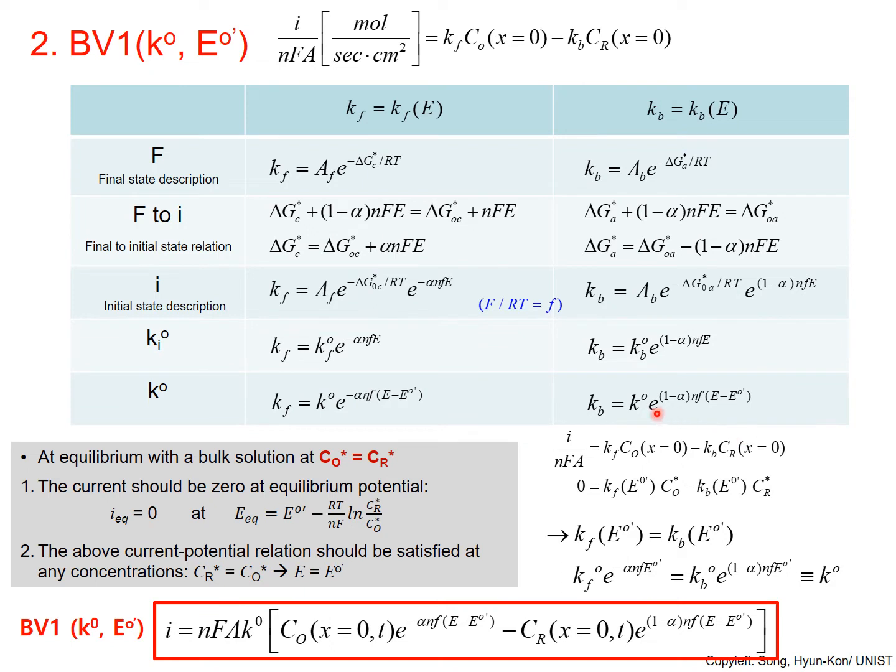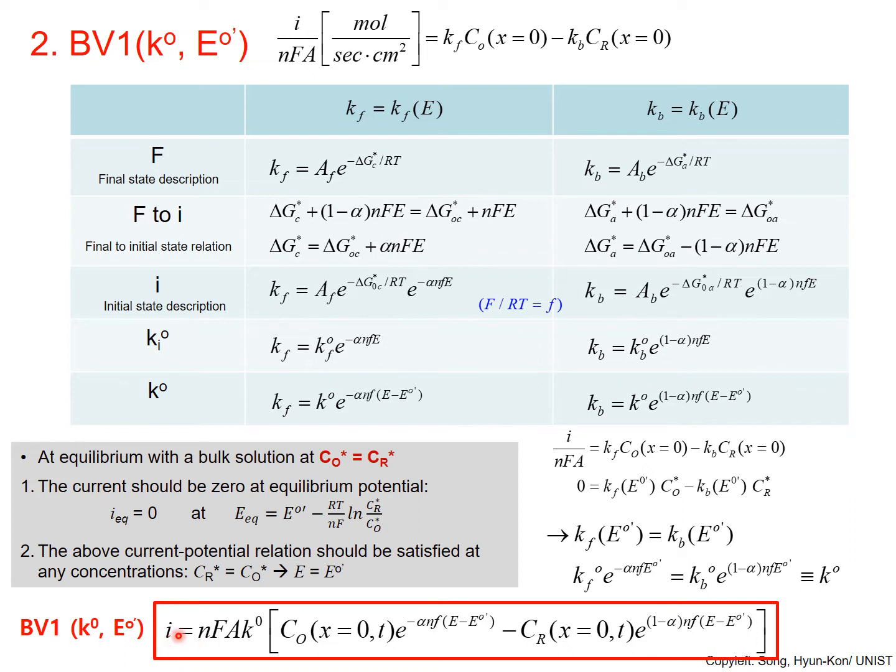Okay, then let me put this description into the mass action law. Then Kf is replaced by k0 with the exponential function of potential, and in the same way Kb is replaced by this equation. Then finally we obtain this equation, which is called Butler-Volmer equation version 1.